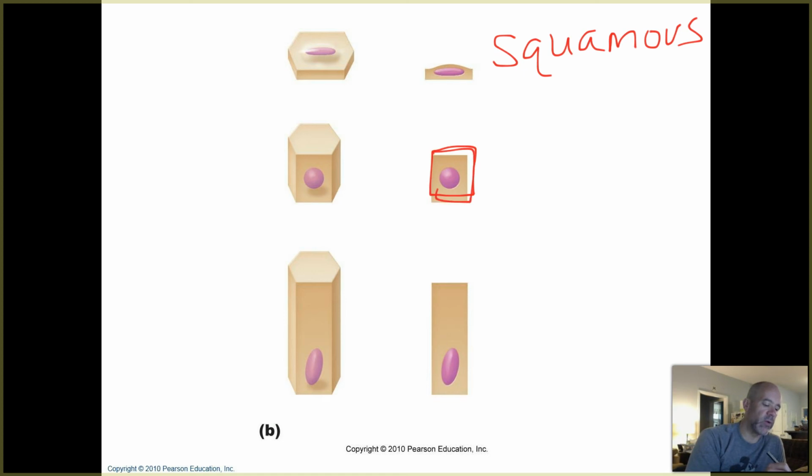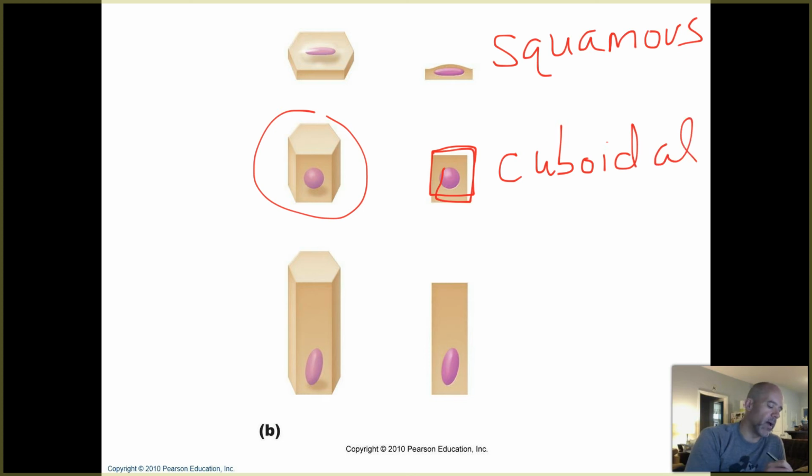This is what it would look like in 2 dimensions, like if you were looking at a 2D slice of tissue under a microscope, and then, of course, this is your 3D representation. So that's going to be cuboidal. And then finally, we have the cells that are longer than they are wide, and those are going to be called columnar epithelial cells.